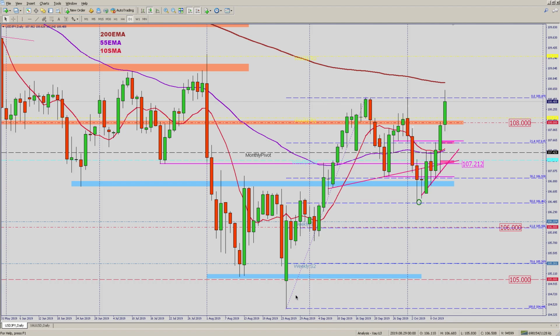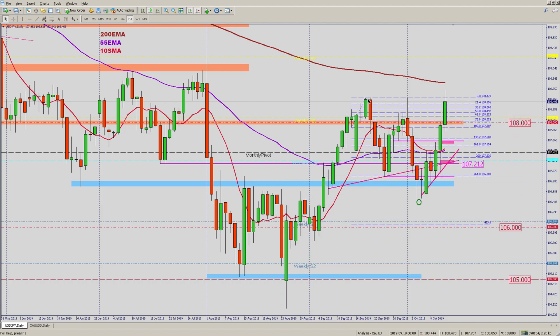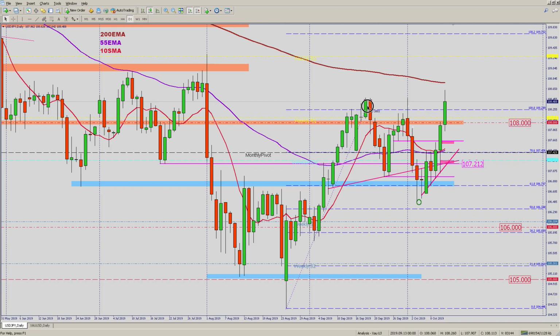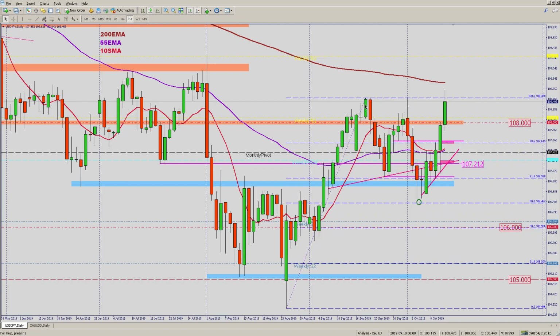We can flip this Fibonacci around. And after hitting the 50% Fibonacci retracement level, it has managed to climb its way back up above 108 on Friday.